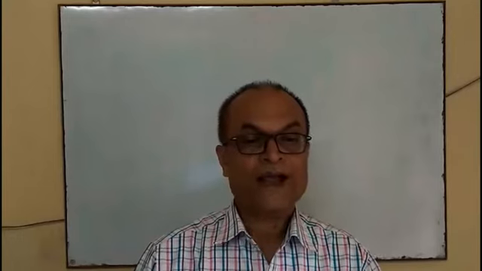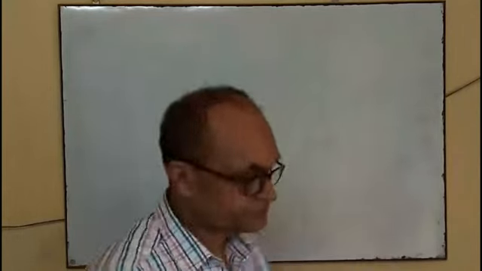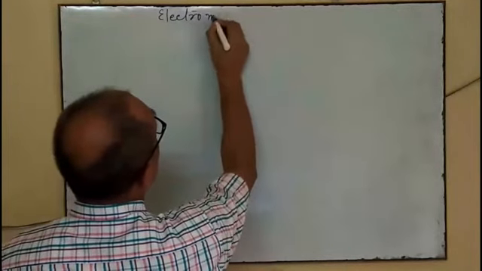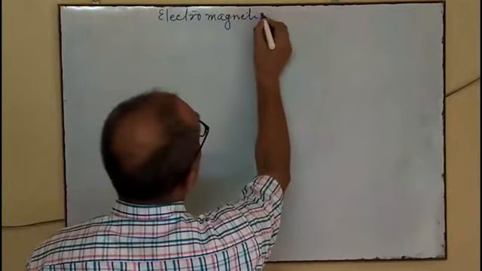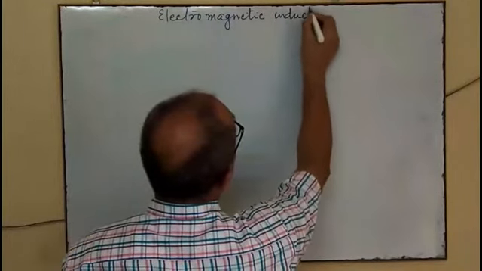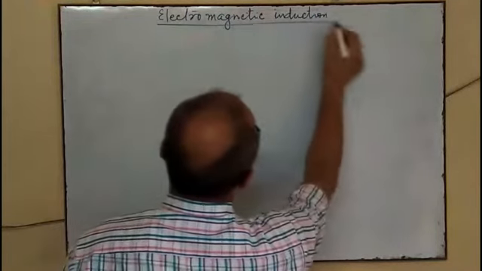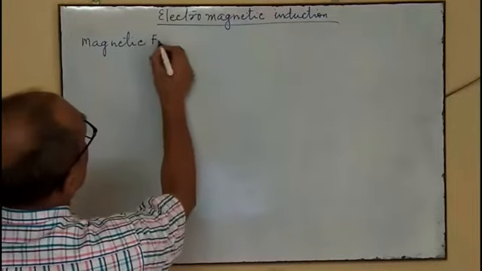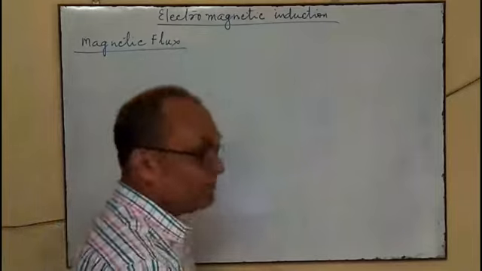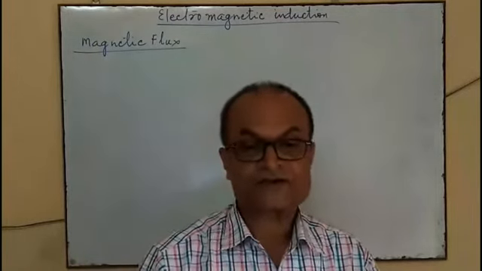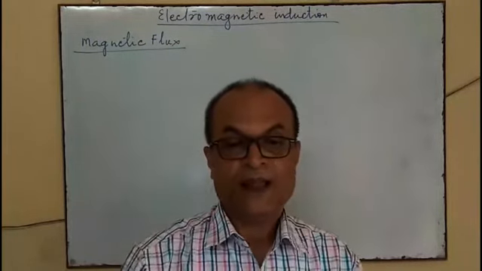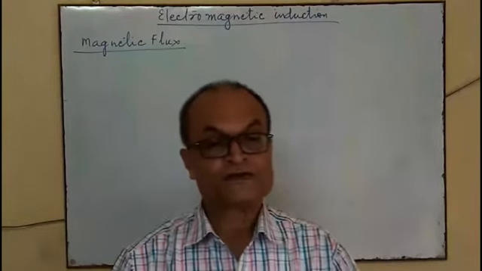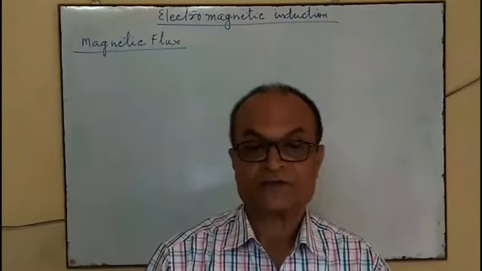Now, magnetic flux. The magnetic flux through any surface held in a magnetic field is the total number of magnetic field lines of force crossing through the surface normally.